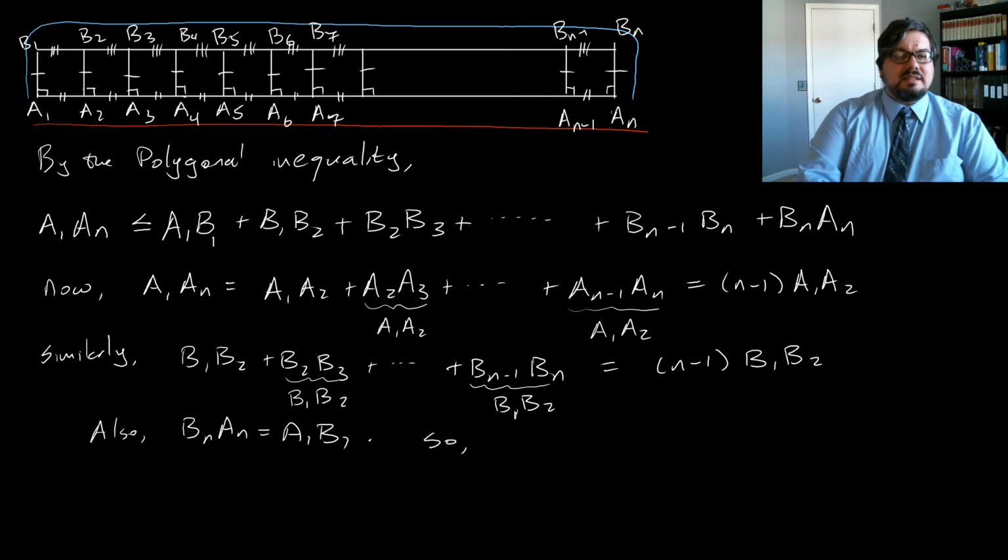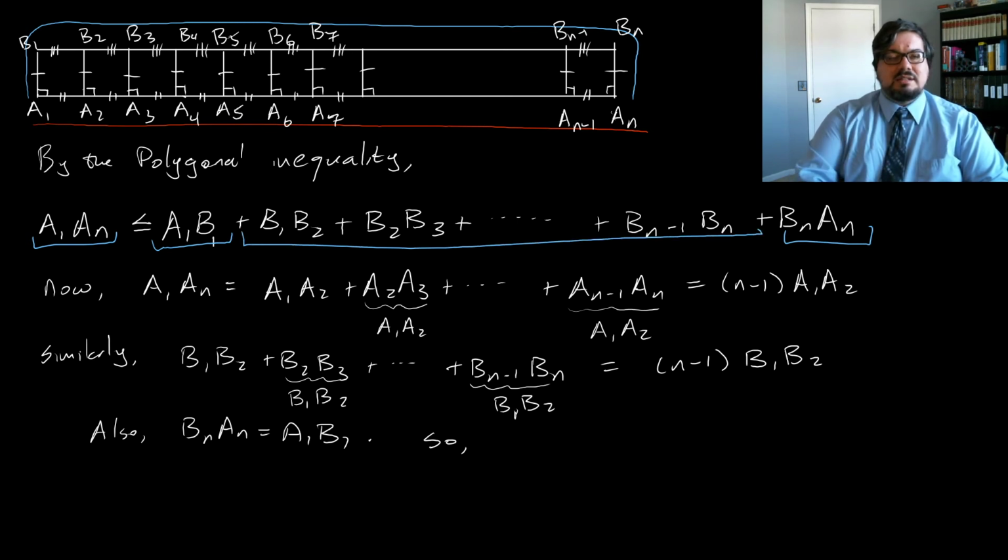So what this means is that we can replace each of the pieces in our original inequality with their simplified versions. So instead of A1 to An, I will write it as n minus 1 times A1A2, and that has to be less than or equal to.